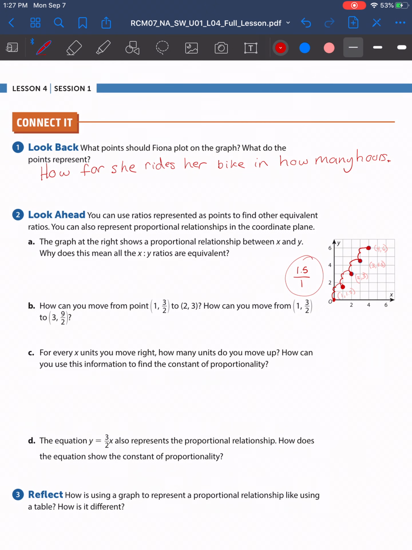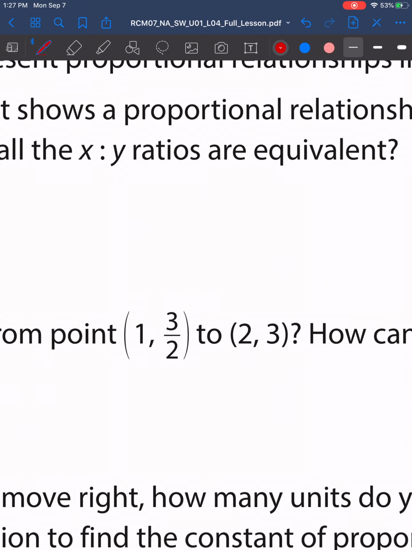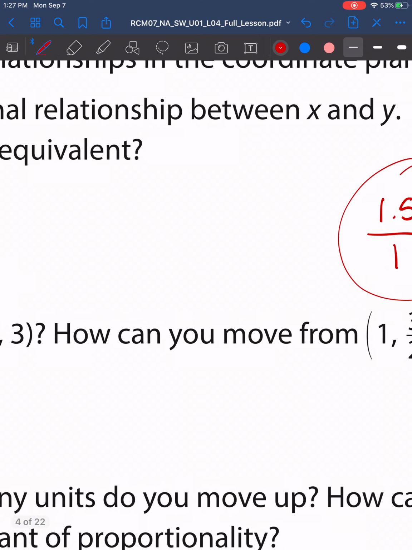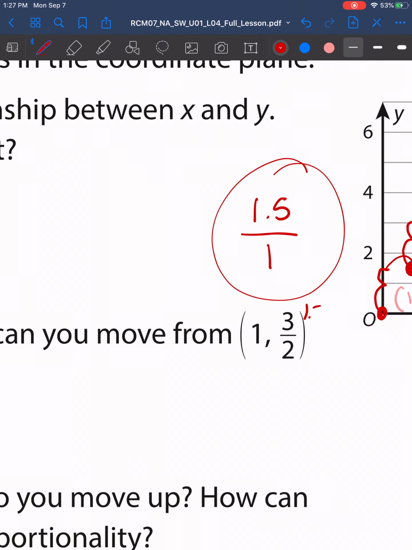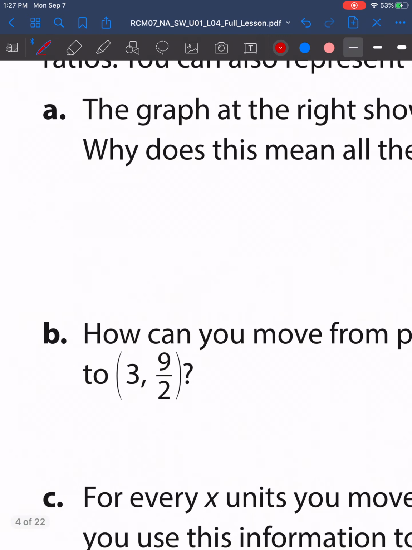B says, how can you move from point 1 comma 3 halves to 3 comma 9 halves? They're confusing us by putting 3 halves, 9 halves. Let's turn those to decimals. 3 halves is the same as 1.5. And then 9 halves.